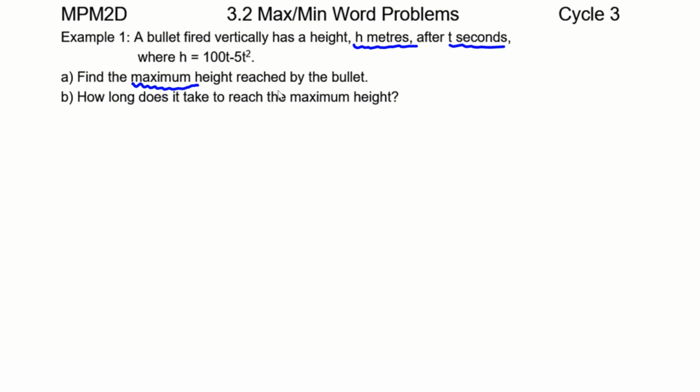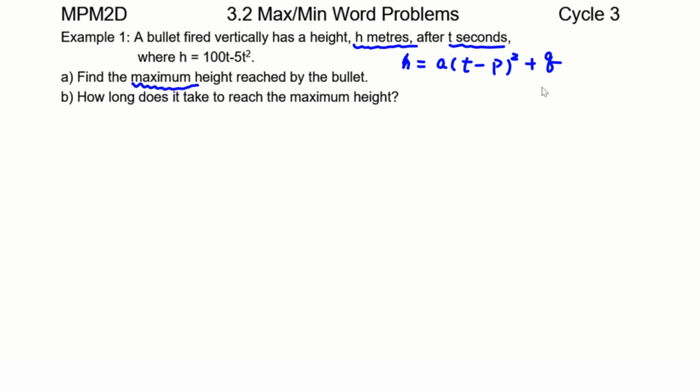So when you have a question asking you for maximum, and the given is in standard form, you may think of the vertex form, h equals a bracket t minus p bracket squared plus q.